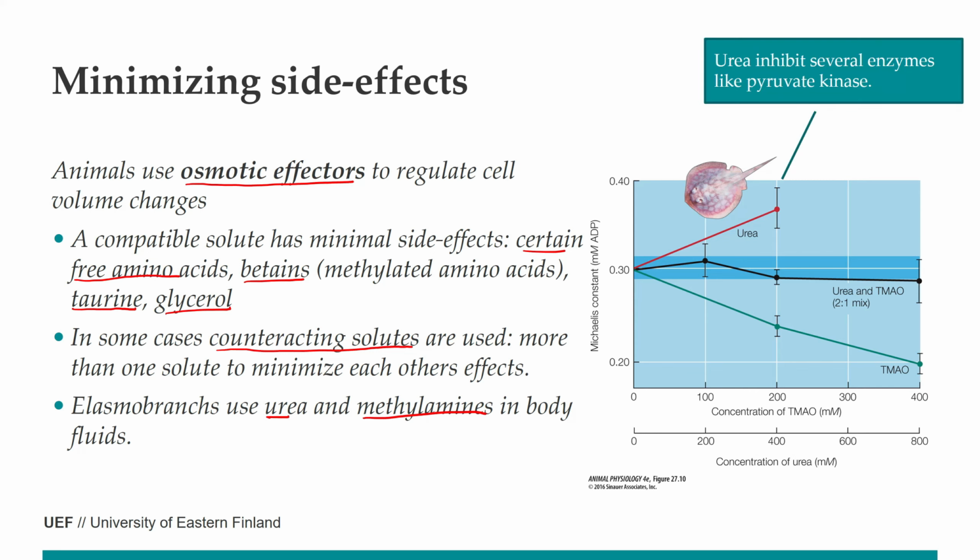And it's been tested, for example, with pyruvate kinase in different urea concentrations, you can see that this red line is rising. That means the inhibition of this pyruvate kinase.